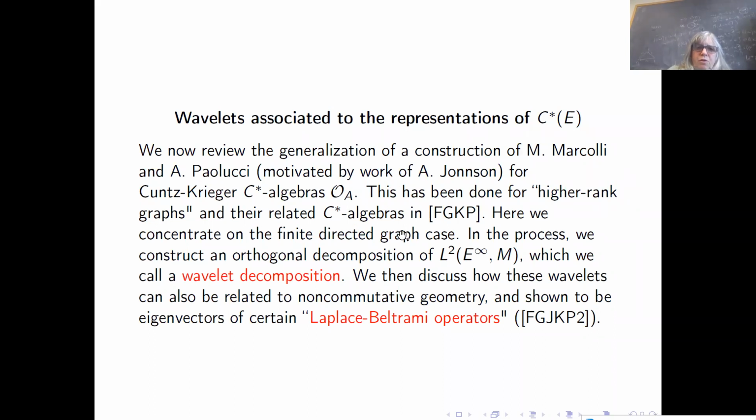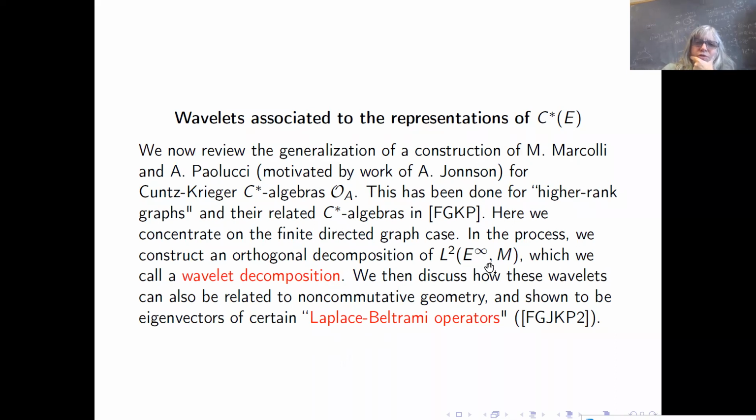Okay, so now let's review the wavelets. The wavelets finally come into play. So Marcolli and Paolucci, motivated by work of Jonsson, who was describing wavelets corresponding to only some dilations and some translations on the fractal set, developed their wavelets corresponding to the Cuntz-Krieger algebras and get a wavelet decomposition.